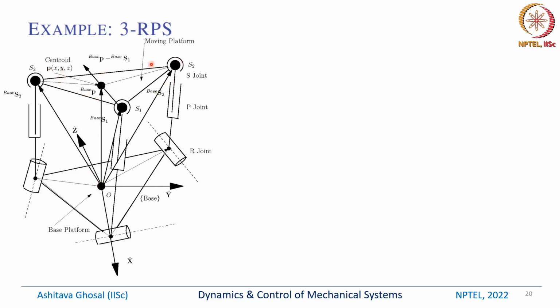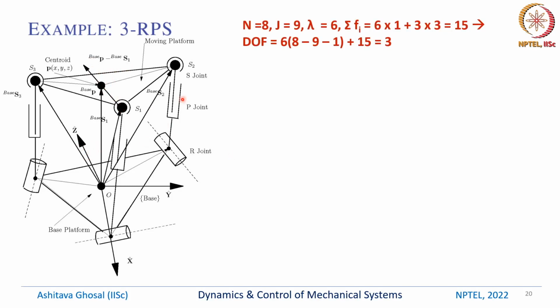We would also need the orientation of this moving platform, and that we will see can be obtained by means of some vectors which we will define on this top platform. So for example, one such vector is from the spherical joint to the centroid. So this is P minus base S1, because this vector is P, this vector is base S1, so this vector along this direction is P minus base S1.